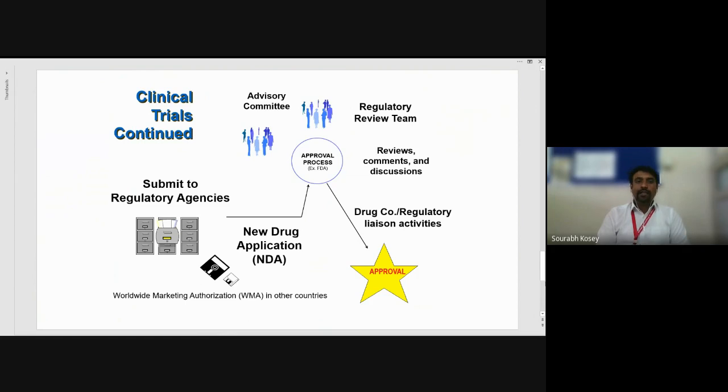If anything is missing or needs to fulfill the full process, then it becomes compliance, and that compliance leads to an abbreviated new drug application. The regulatory authority checks everything, and then allows the issue of a license or order for the marketing of an approved molecule. So worldwide marketing authorization, WMA, in 196 nations of the world approves the molecule.